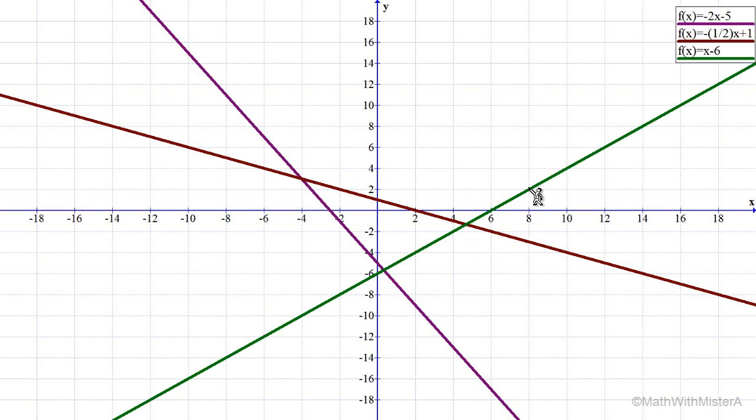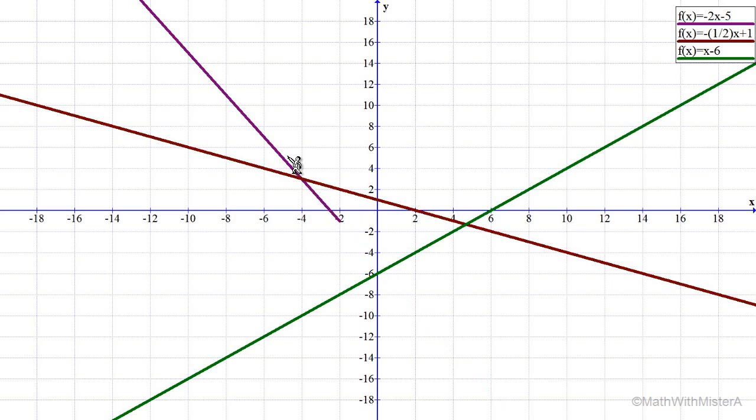We want to trim these down based on the restrictions on our x values. The first one is the one in purple right here, f of x equals -2x minus 5. But we're saying that this one is only used for x values that are less than -2. So we're going to use this tail end here, but once we get to -2, we're going to chop that graph off.